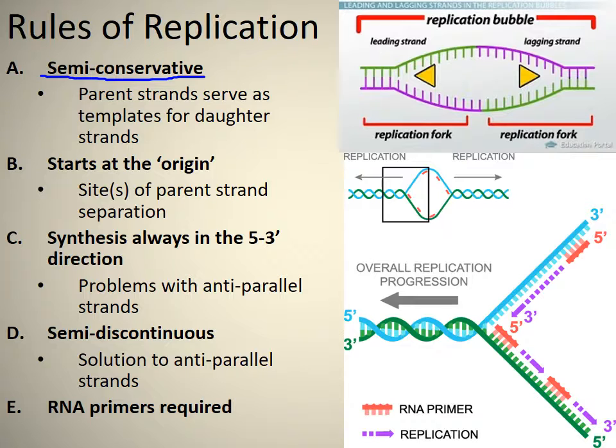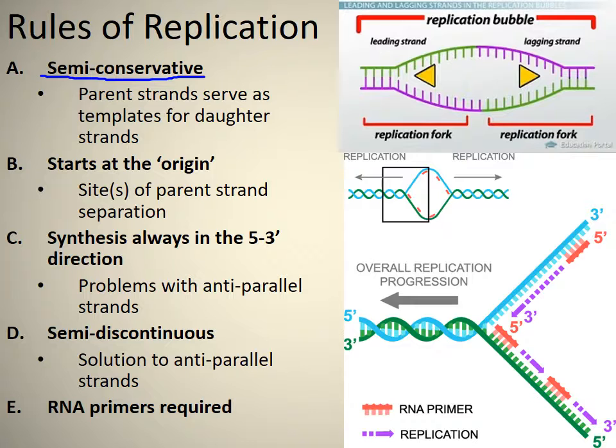So at the end of DNA replication, you'll have two DNA molecules. Each of those DNA molecules will have a parent strand and a daughter strand. It's known as semi-conservative replication.